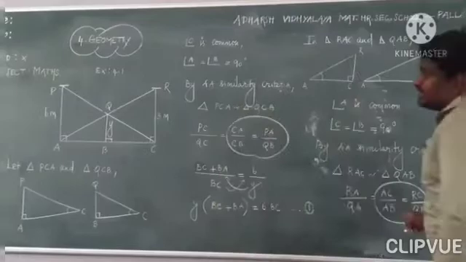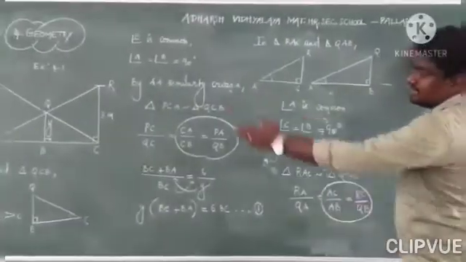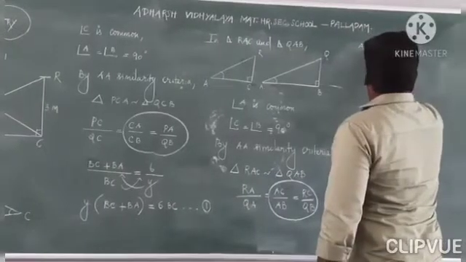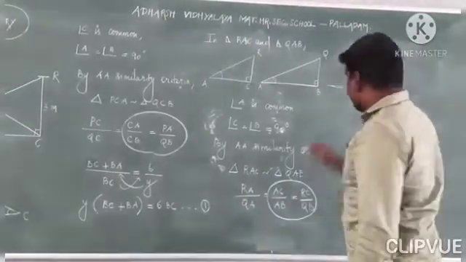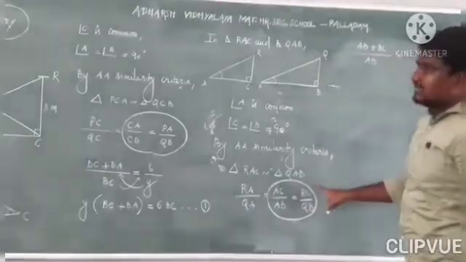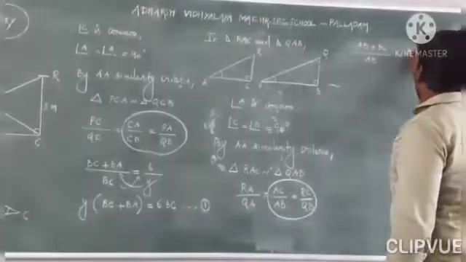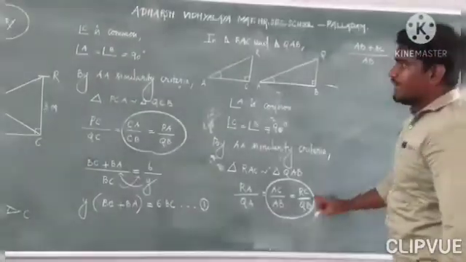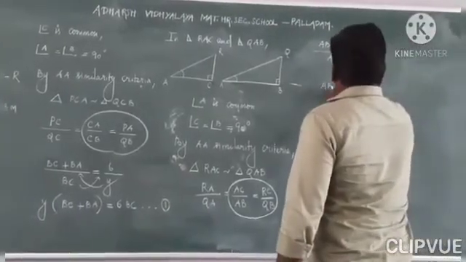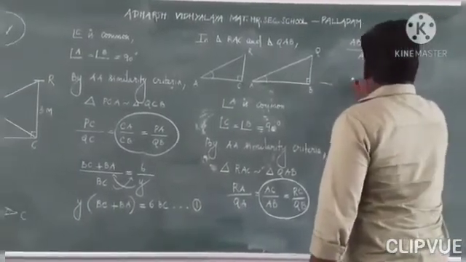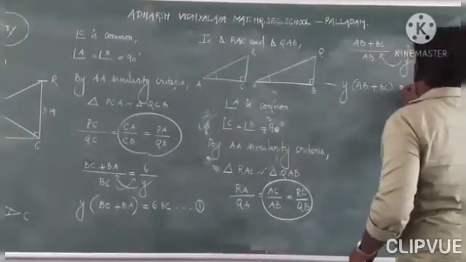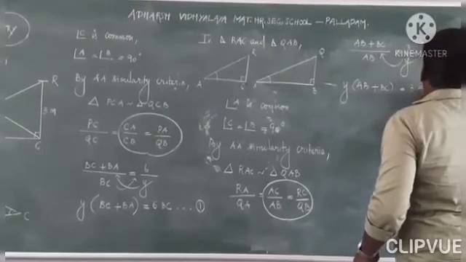Instead of AC, I am going to replace it with AB plus BC, divided by AB, equal to RC, which is 3 meters, divided by QB, which is Y. So (AB plus BC) times Y, by cross product, is equal to 3 times AB.